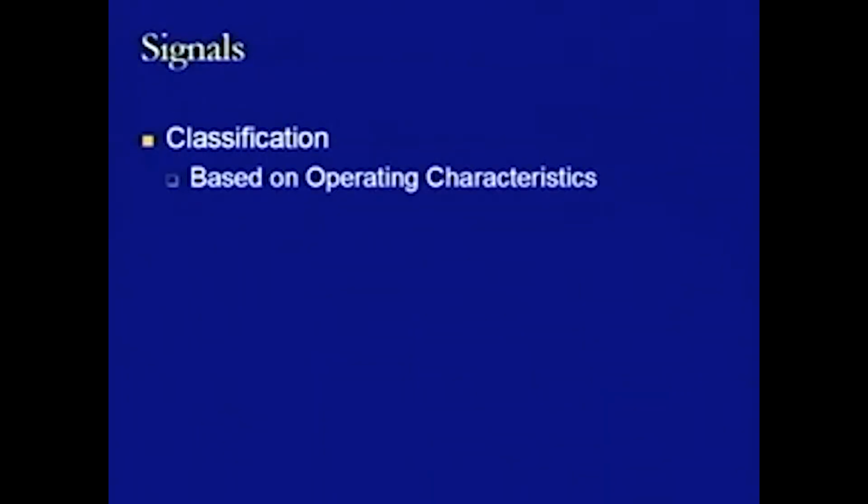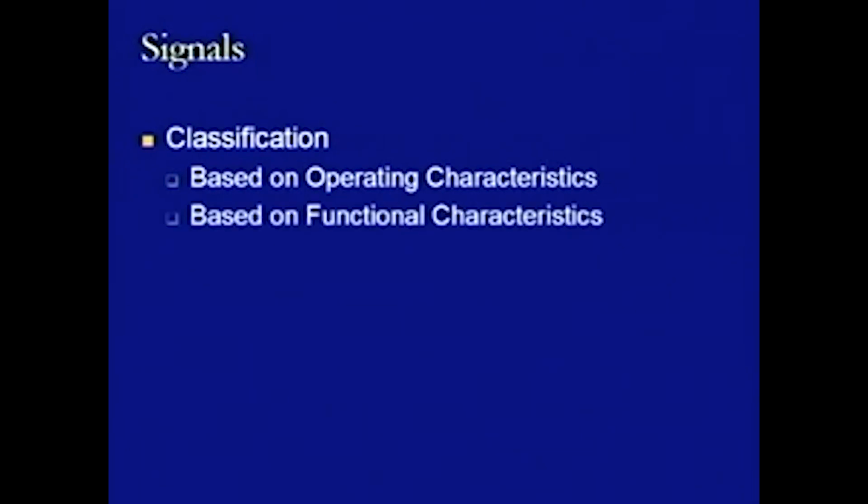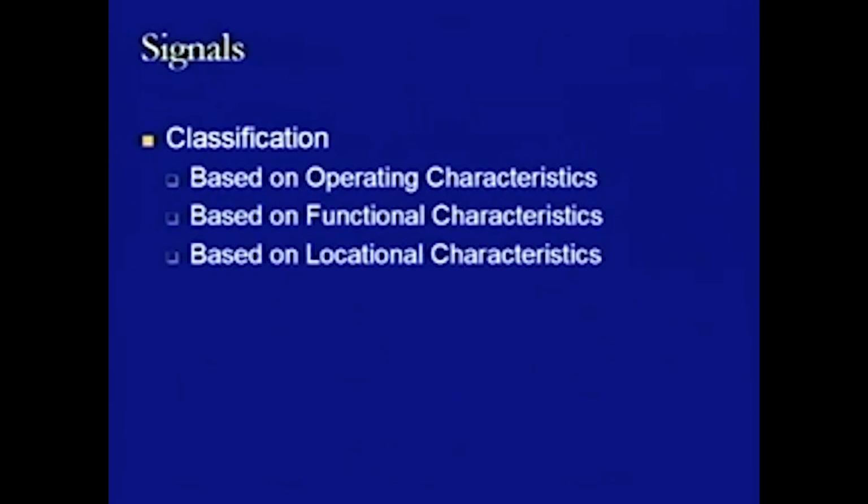Now, we come to the classification of signals. In the classification of signals, there are different bases on which the classification can be done. The first is based on operating characteristics, another is based on functional characteristics, and the third is based on locational characteristics.